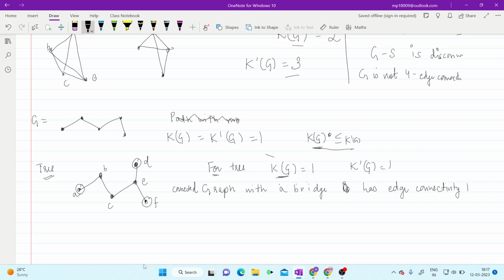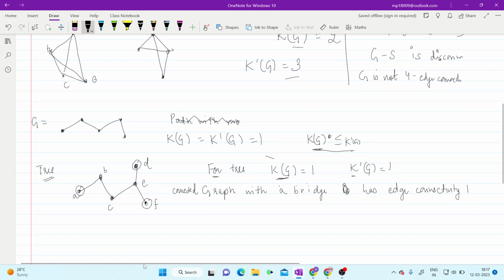We have an equivalent definition of two edge connectivity from the previous exercise: two edge connectivity is the same as saying that every edge lies on a cycle. But in a tree there is no cycle, so it cannot be two edge connected. Therefore edge connectivity has to be one, and therefore vertex connectivity is also one. That argument is also correct.